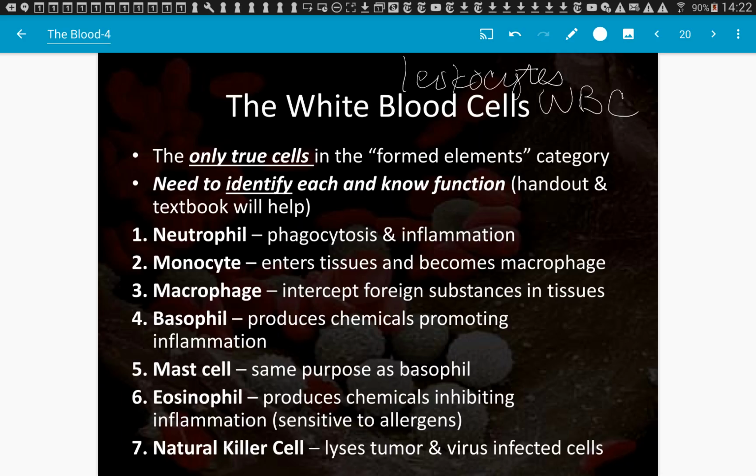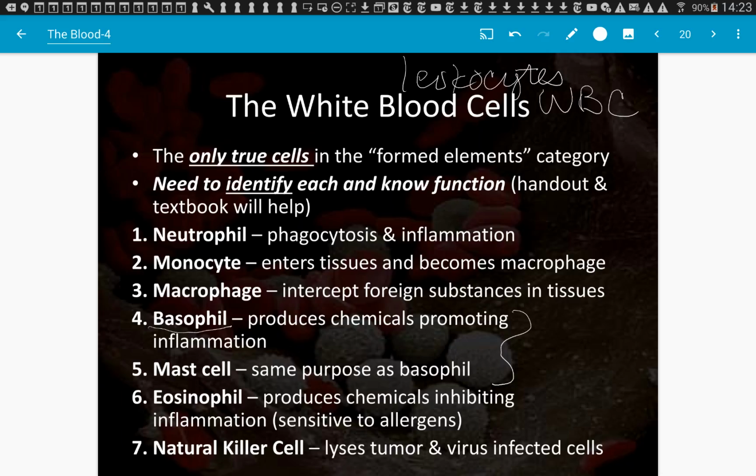A macrophage is the mature monocyte. Macrophages are what we find in the tissues. A monocyte is still within the bloodstream, so when the monocyte moves out into the tissues, it becomes a macrophage. Basophils and mast cells are both heavily involved with the inflammatory response.